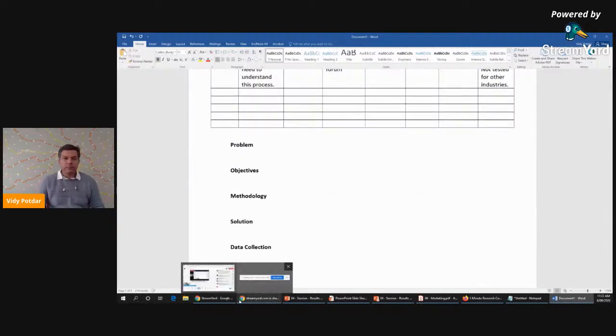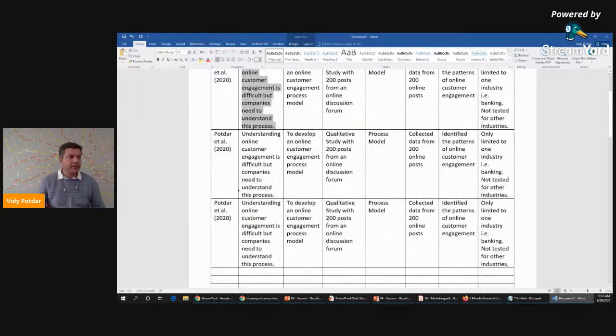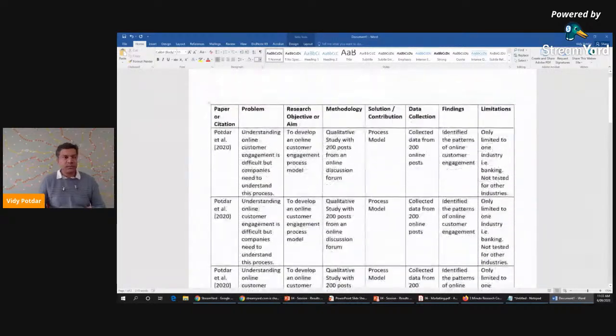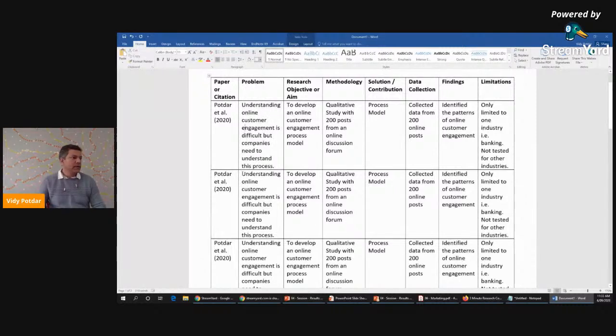So one very simple way would be that I take this, and because I have filled up this section of the table, I can pick up these three. Suppose these three problems are different problems. So this is problem one, this could be problem two, suppose this is a second problem.